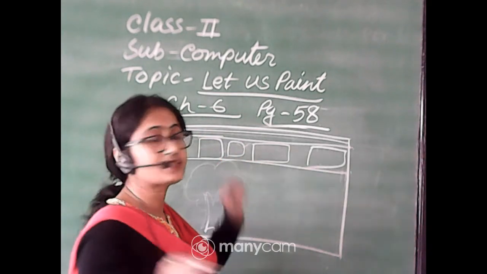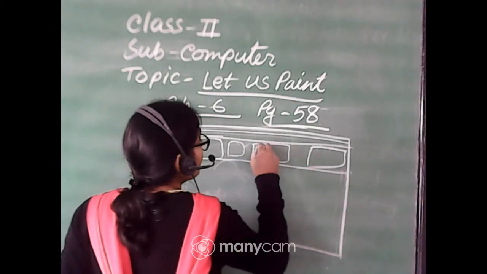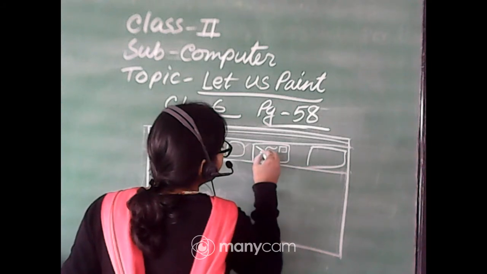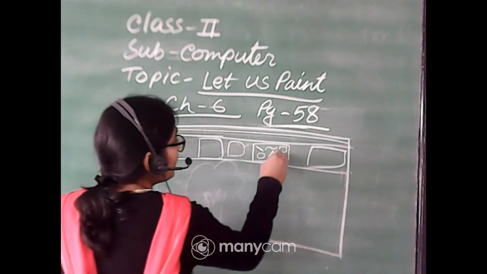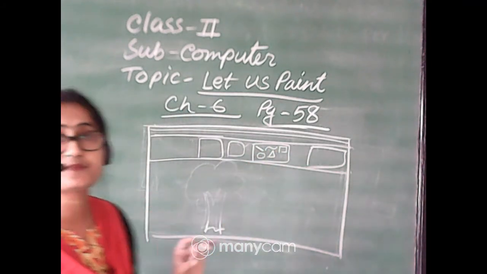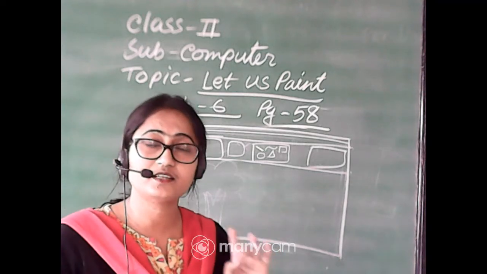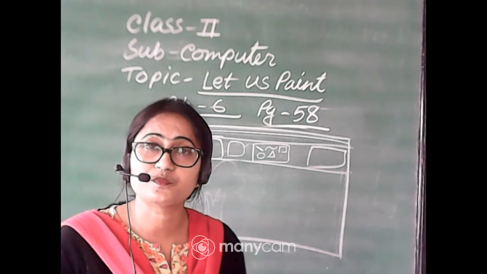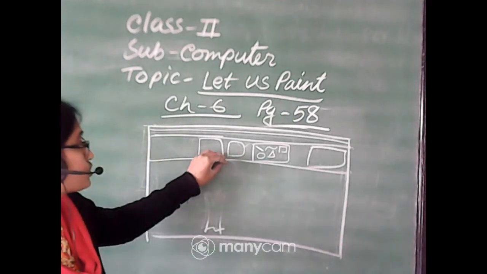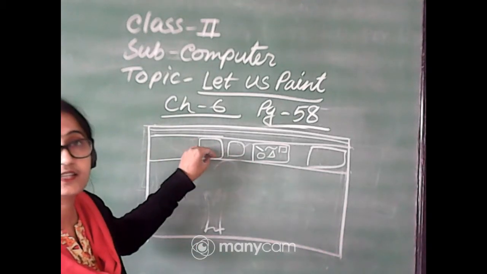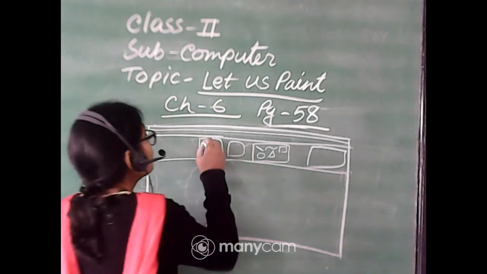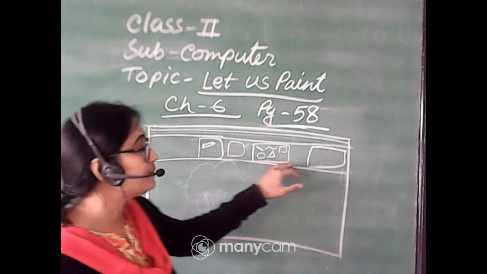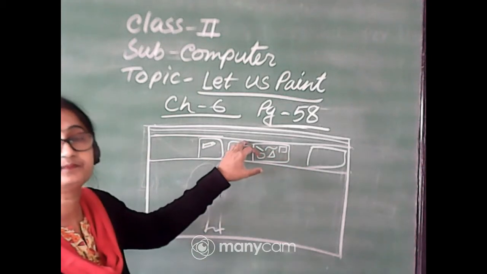Under the shapes group there are different shapes: line, curve, rectangle, oval, triangle. In the tools group there are the pencil tool, eraser tool, and now you just select the line tool.